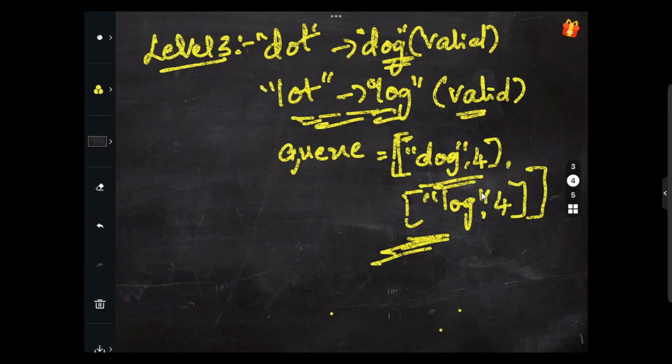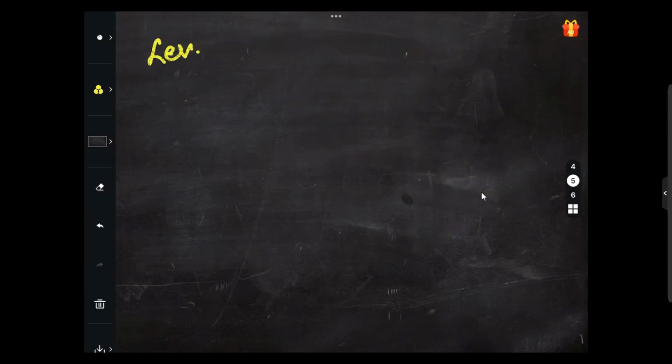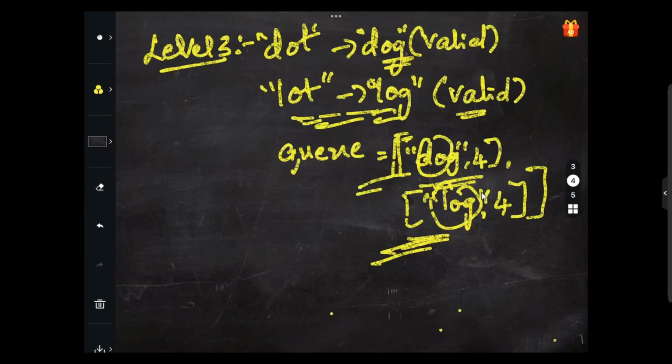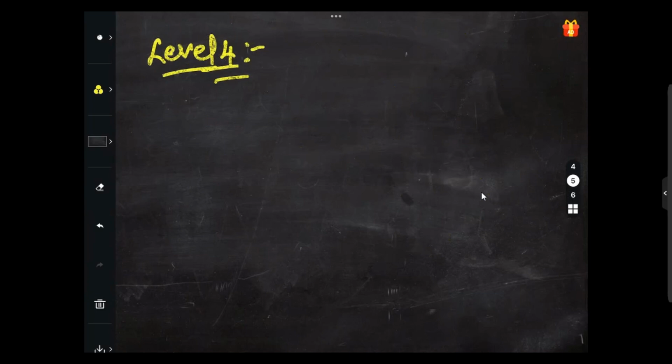Now we have to process dog and log that are present in level 3 for level 4. Let's move on with level 4. So now what we are doing, we have to process dog and log that are present at the previous step. Let's process this one.